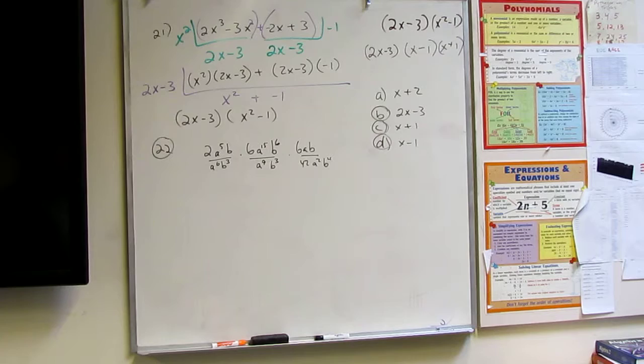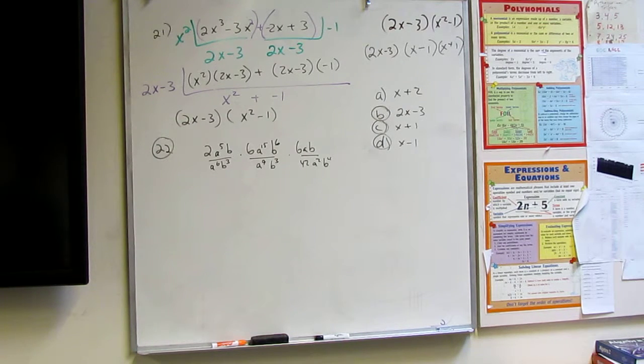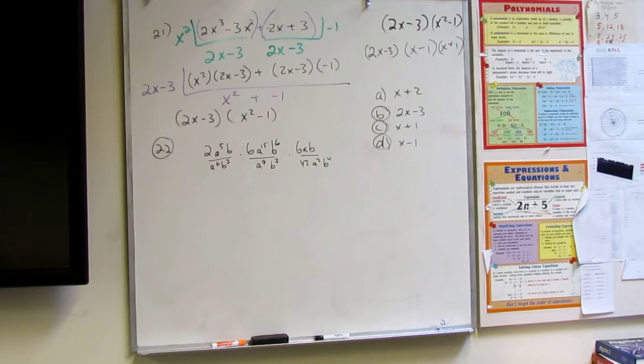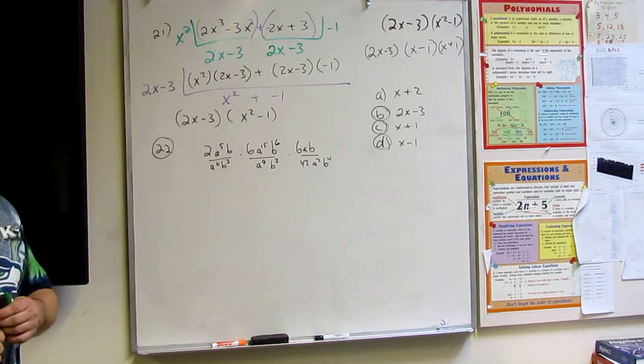If you say it's just B, wrong. If you say it's just D, wrong. If you say it's just C, wrong. If you say C and D, wrong. You have to say B, C, and D, because they're all right.